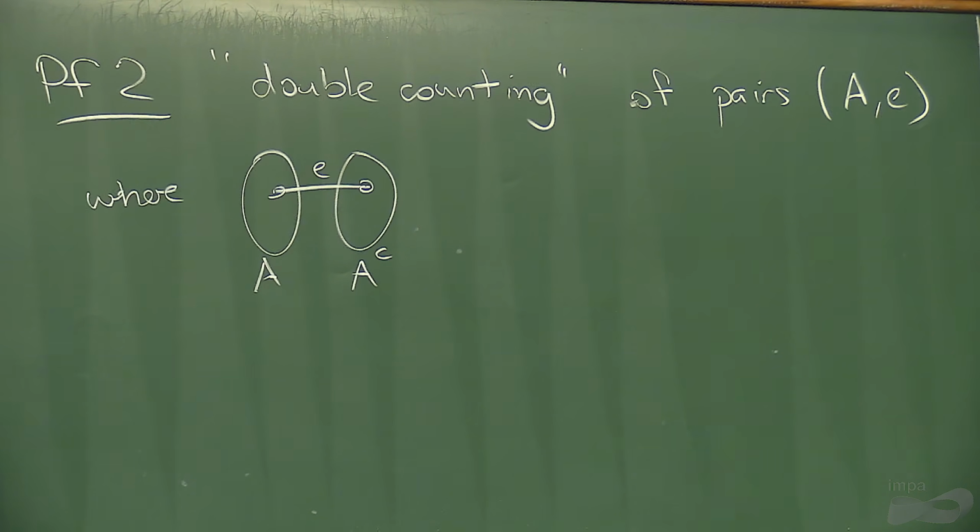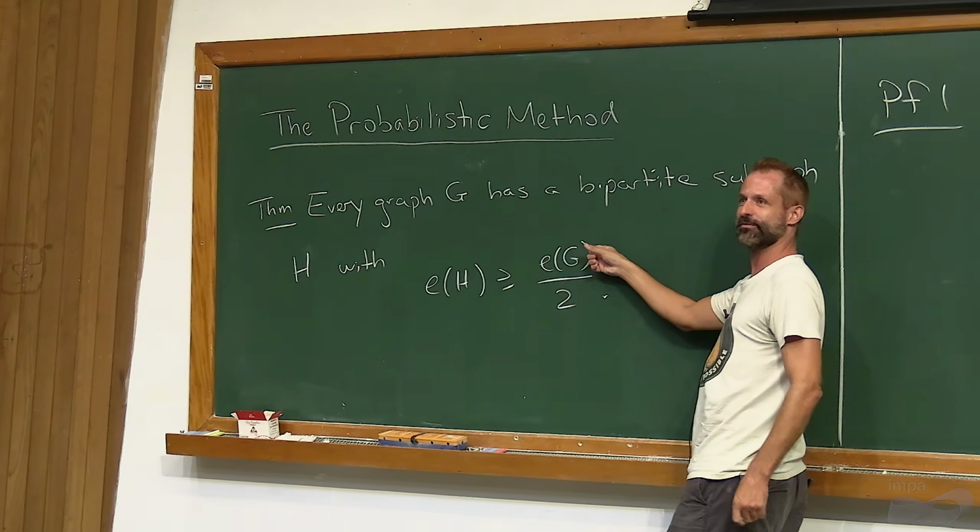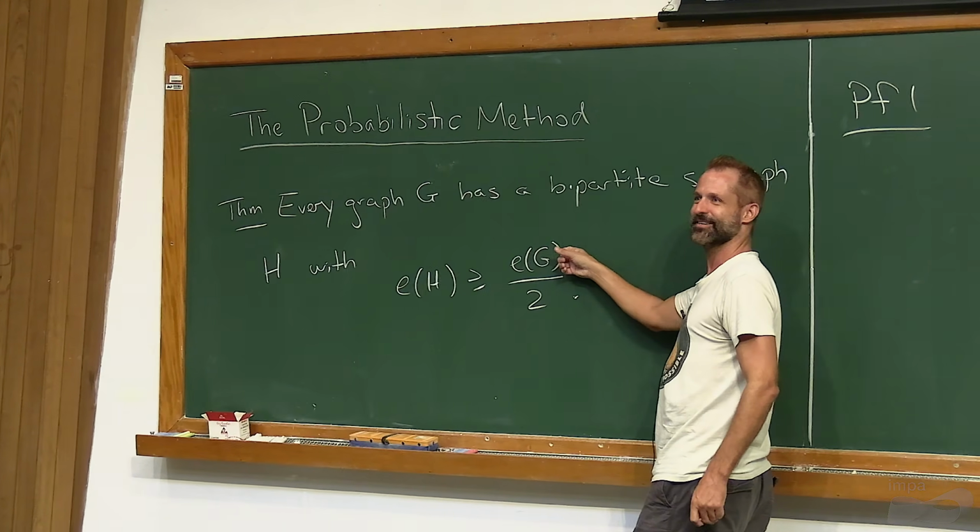Actually, the question is, what does E mean? Ah, obrigado. E of G is the number of edges of the graph G. Right? That's all. Sorry.